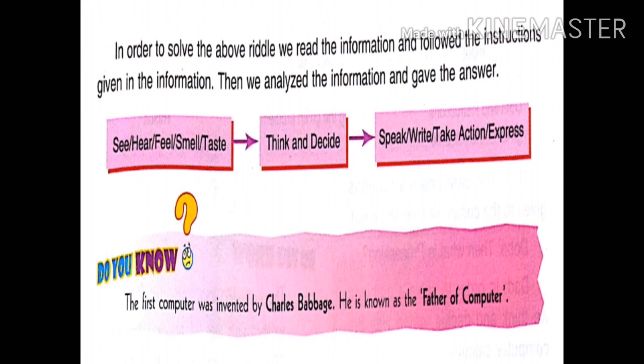According to the information given there, we have to think and then decide the correct answer. And after deciding the answer, we have to speak or write or take action for the proper result.